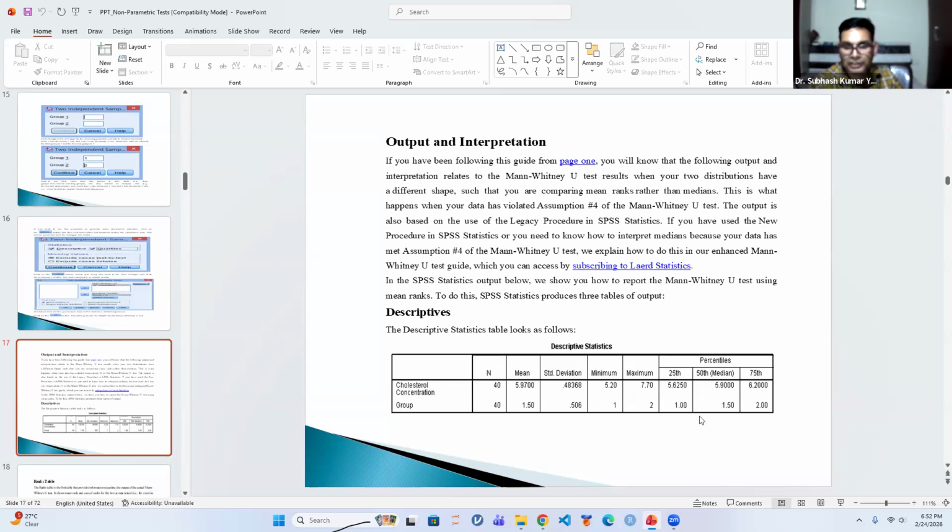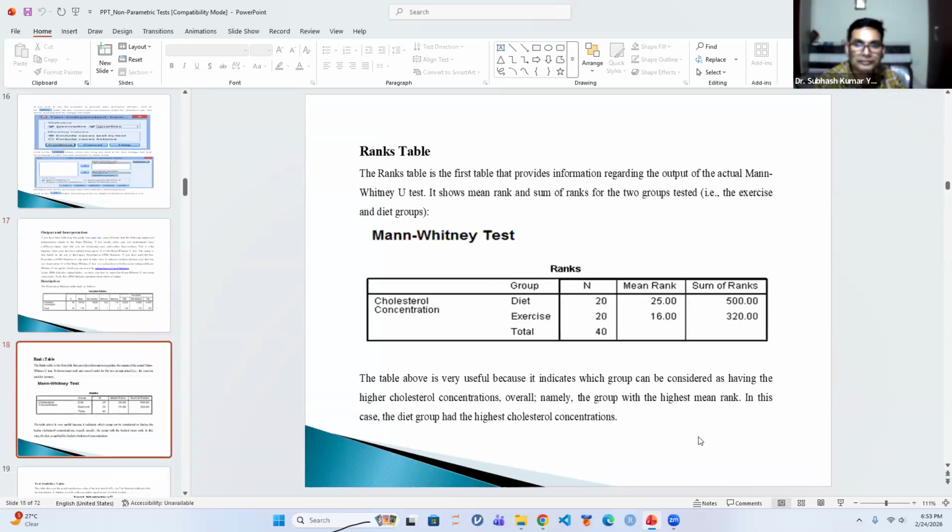This is the group only, so this is coding, so there is no need to interpret this one. We have to interpret this cholesterol concentration only for 40. So the mean cholesterol is 5.9, almost 6, and deviation is 0.5, and minimum and maximum is this, and these are the quartiles. So median is also almost 6, 5.9. So it looks that the data is symmetric or say homogeneous.